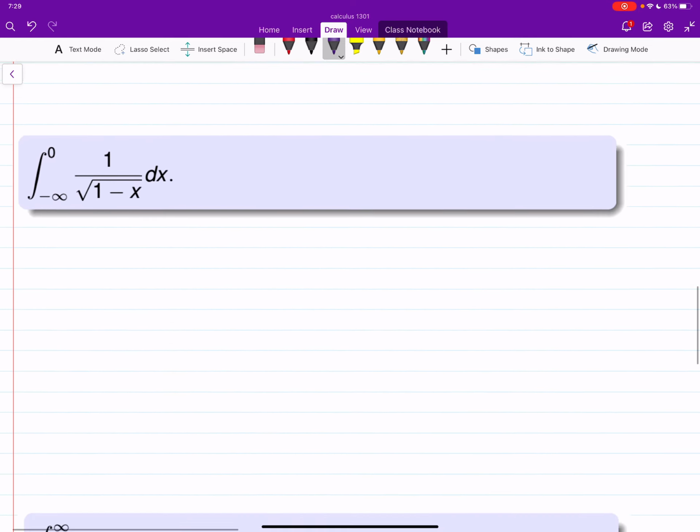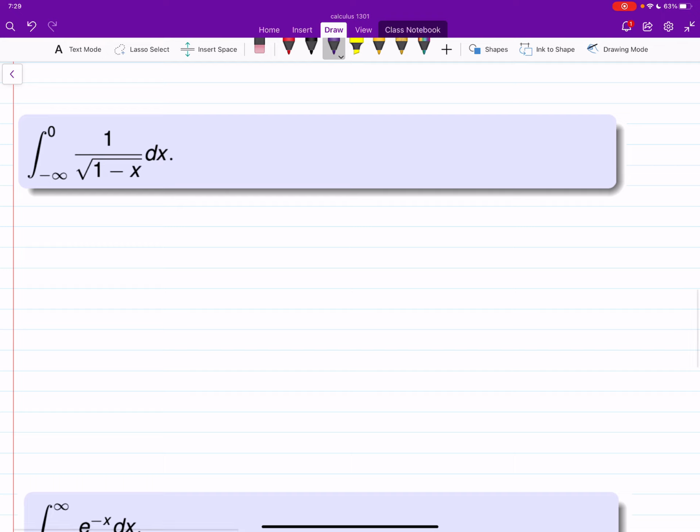Okay, so let's do another integral here. First I have to replace that negative infinity by t. How about I find this integral first? How do I find that? If I choose u to be 1 minus x, then du is going to be negative dx, and this will give us 1 over root u and negative du.